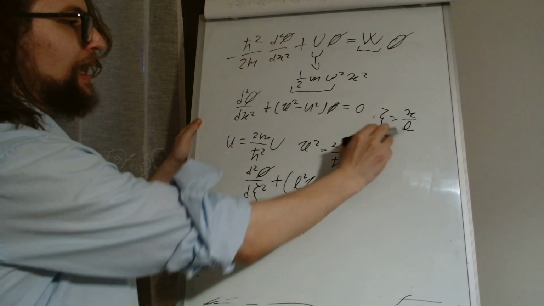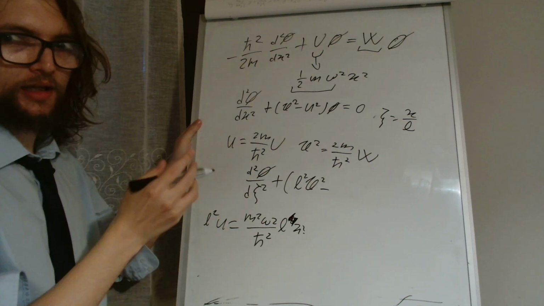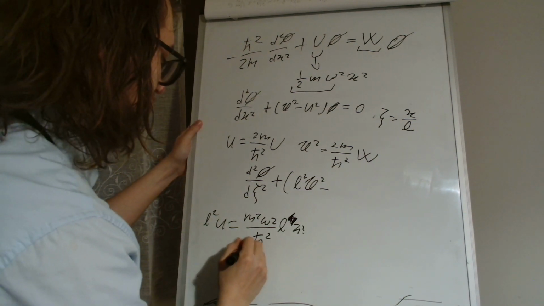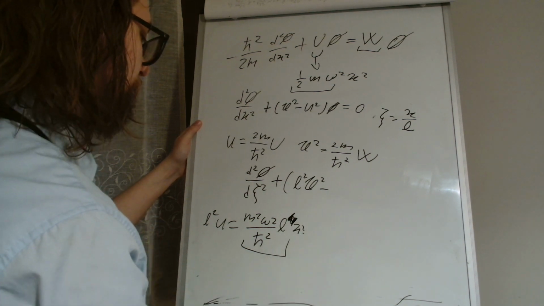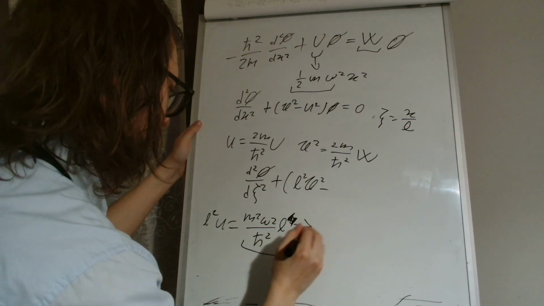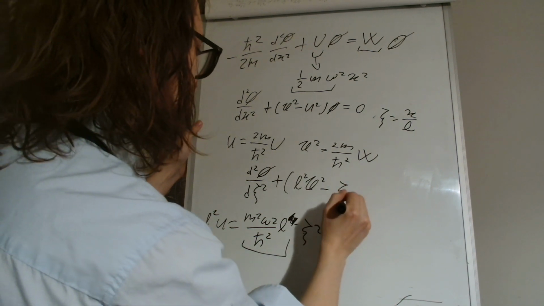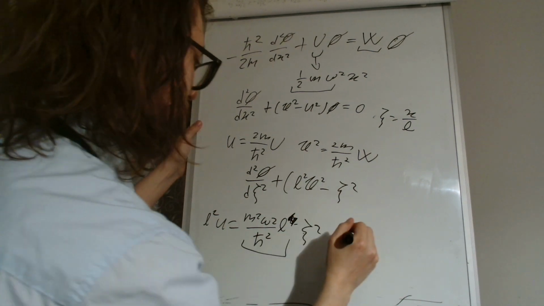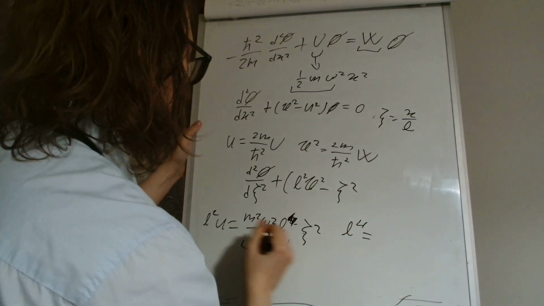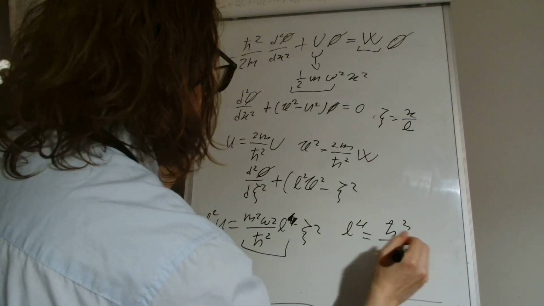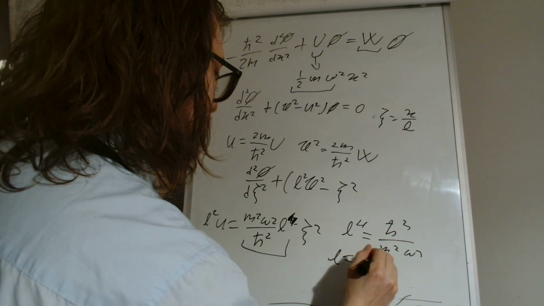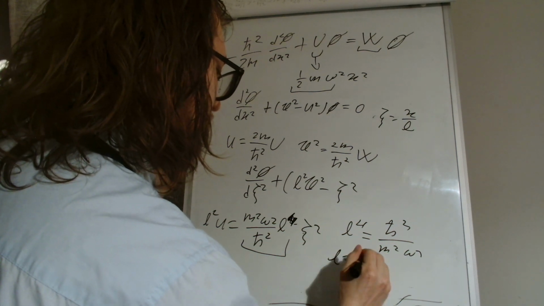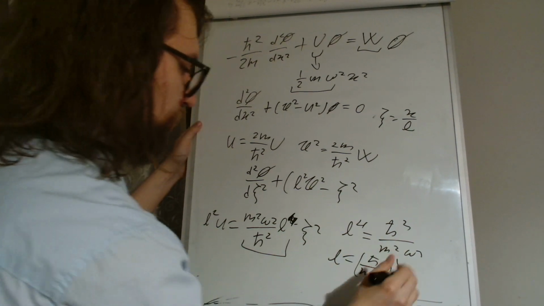Now L is chosen in such a way that this becomes 1, so that here we will get simply minus c squared. So it's chosen in such a way that L to the 4th is equal to ħ squared divided by m squared omega squared, which means L equals ħ divided by m omega to the 1/2, so it is the square root of this thing here.